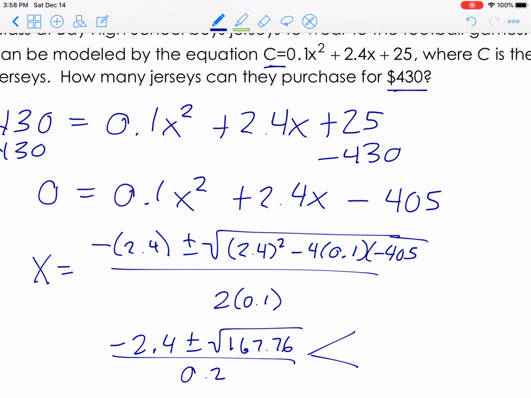We're just going to put it into my calculator first with the plus. So I'm going to go negative 2.4 plus the square root of 167.76 divided by 0.2, and I got 52.76, so I'm going to round it to 52.8.